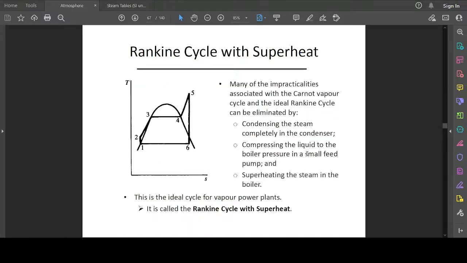Okay, so many of the impracticalities associated with the Carnot vapor cycle and the ideal Rankine cycle can be eliminated by condensing the steam completely in the condenser, compressing the liquid to the boiler pressure in a small feed pump at this stage, and superheating the steam in the boiler. Okay, this is the ideal cycle for vapor power plants. So it is called the Rankine cycle with superheat.